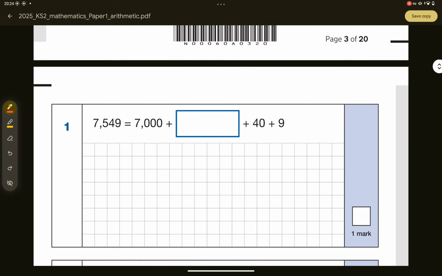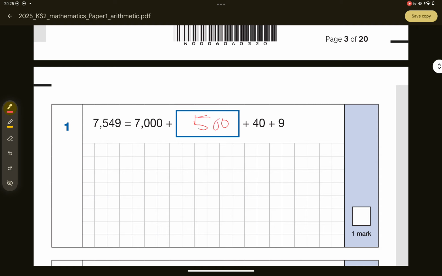First off, 7,549 equals 7,000 plus blank plus 40 plus 9. All you need to do is know your place value. So the answer here would be 500.